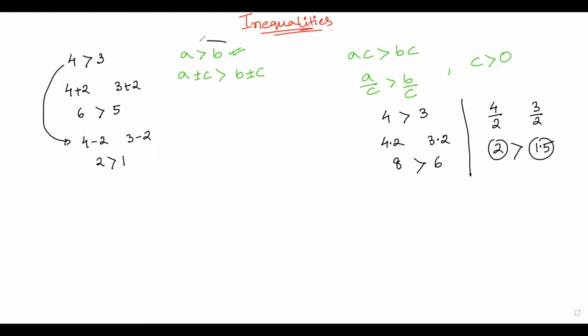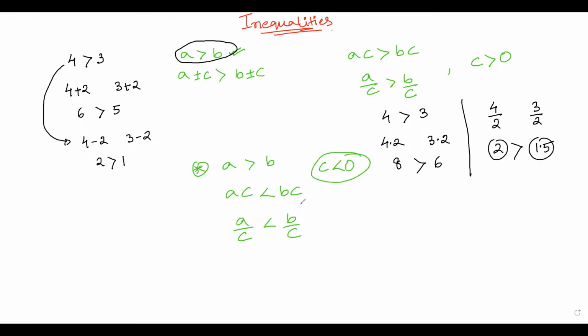So if a is greater than b, and we are multiplying or dividing a positive number to it, then the inequality sign will also remain the same. But if a is greater than b and we are multiplying or dividing a negative number c to it, in that case, ac would be less than bc, or a by c would be less than b by c, where c is a negative number, that is c is less than 0.